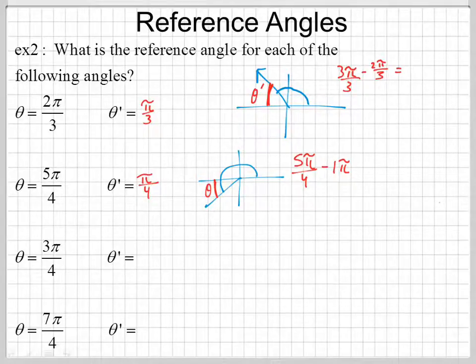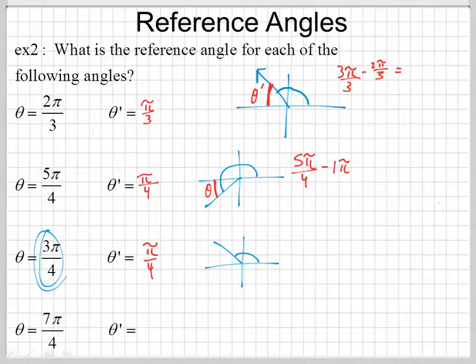Okay, the next one, 3 pi over 4. Which quadrant is that one in? All right, tricked you. That one is definitely in the second. Because this is not more than 1 pi. That is less than 1 pi, because it's 3/4. 3/4 is not more than 1. Okay, so I'm going to take pi, and I'm going to subtract this from that, and I'm going to get pi over 4.